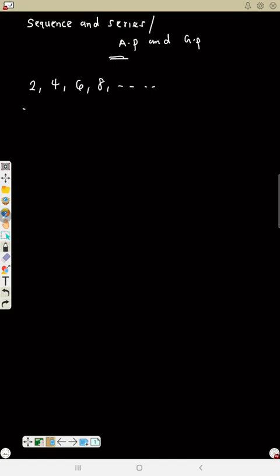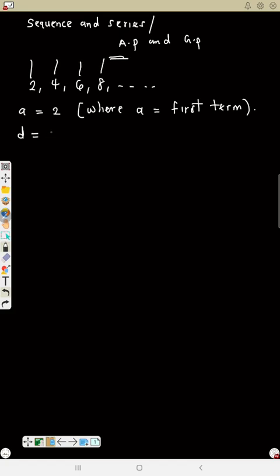Now the first number here is 2. That means I will say a equals 2, where a is the first term. Anytime you see a in a sequence, you will know it is the first term. d is the common difference. So this is the first term, second term, third term, fourth term.